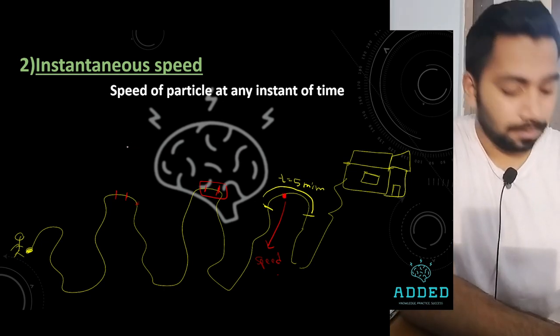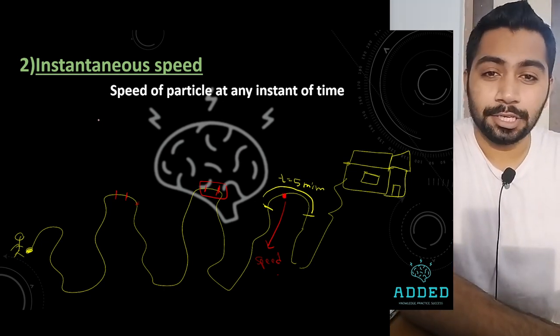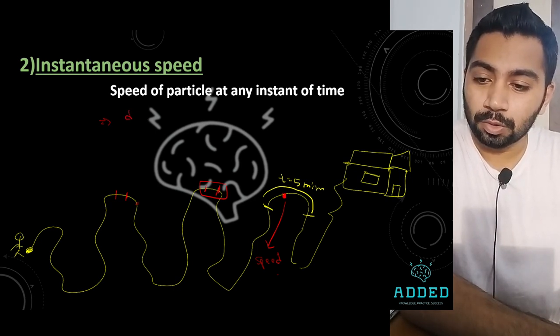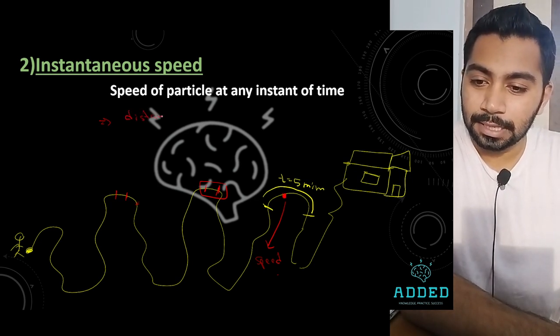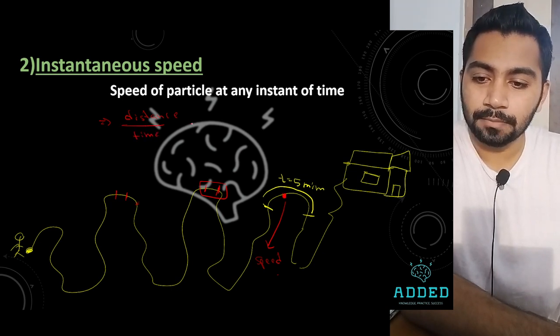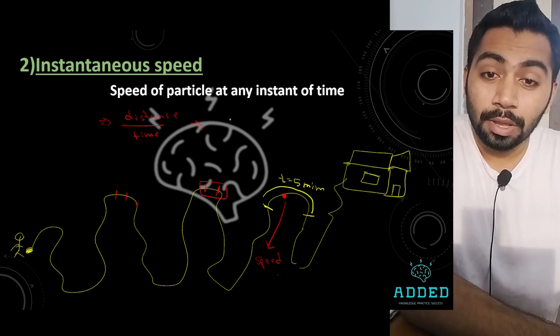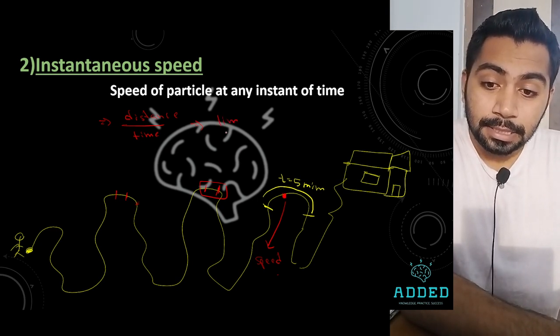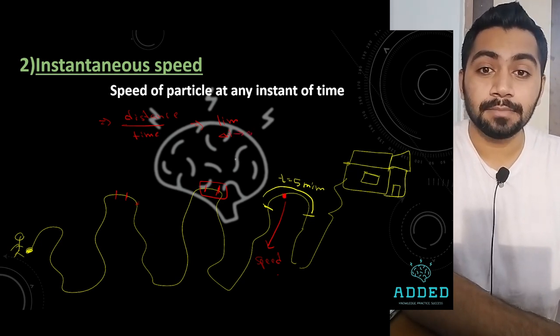Very simple. Average speed is equal to total distance divided by time. We know this one. Now if your distance becomes almost near to zero, time becomes almost near to zero.